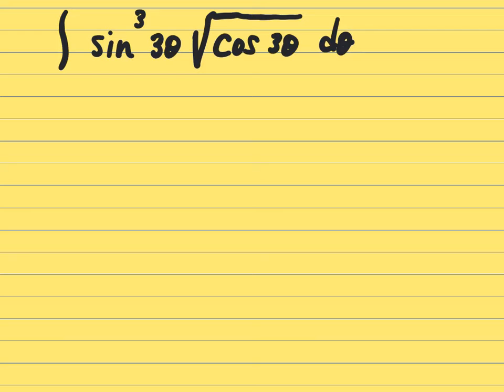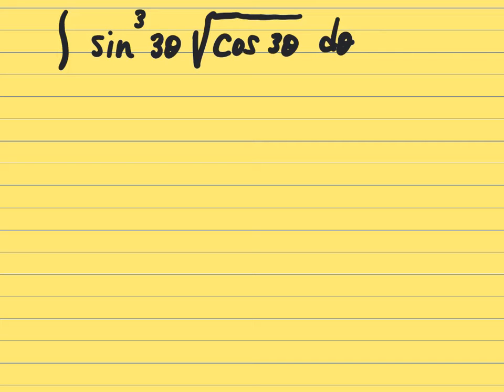The next example is going to be a little bit more involved. We have the integral of sine cubed of 3 theta times the square root of cosine 3 theta, d theta. I noticed that the sine function in the front of the problem has an odd power. And so I'm going to attempt to use cosine 3 theta as my substitute, because the derivative of cosine involves sine.